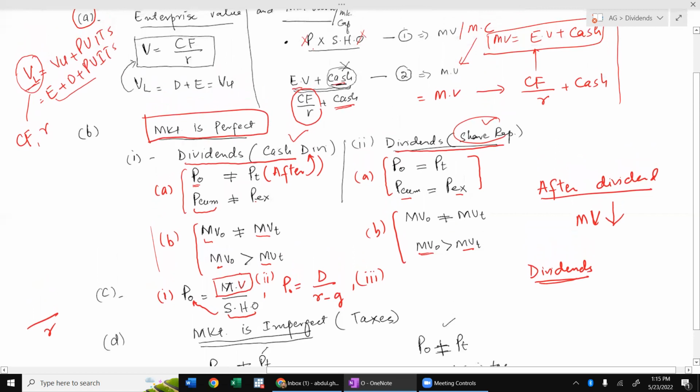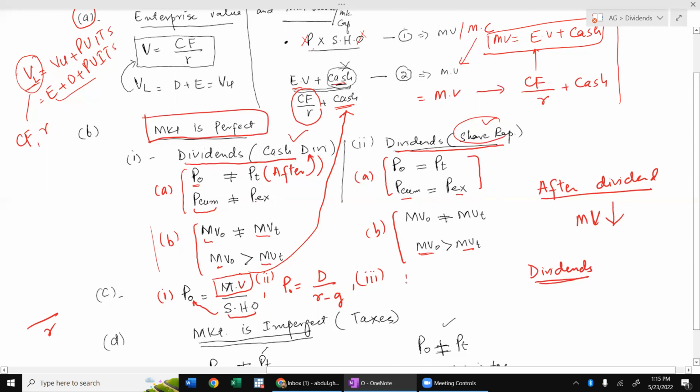So what is the other alternative to calculate the market value? This is the one that I told you. We should look for some information on cash flow divided by R plus cash. So we can also calculate market capitalization or market value using this formula, using enterprise value.